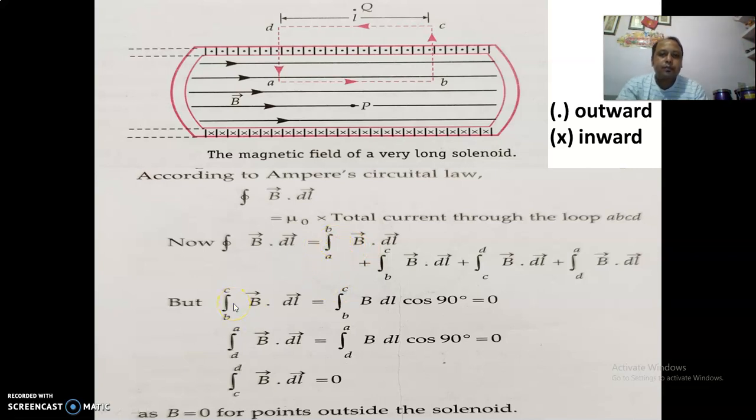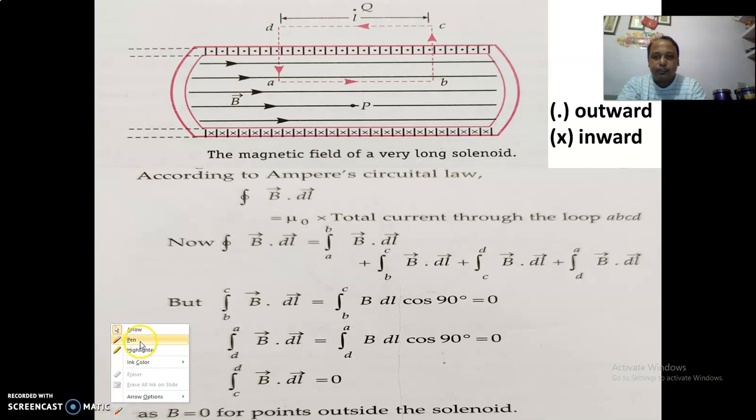Now see the second term here, the integration of B dot dl from B to C. This is B and this is C. Now dl is in this direction from B to C, and the magnetic field B, as we have shown earlier, is from the left side to the right side inside the solenoid. So they make an angle of 90 degrees here.